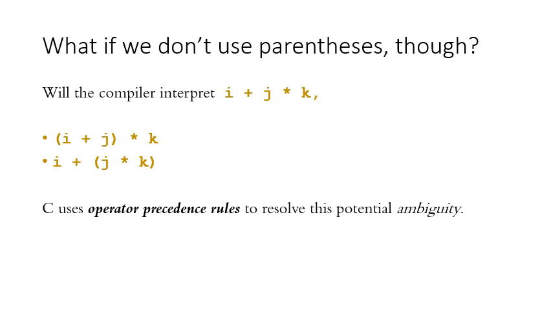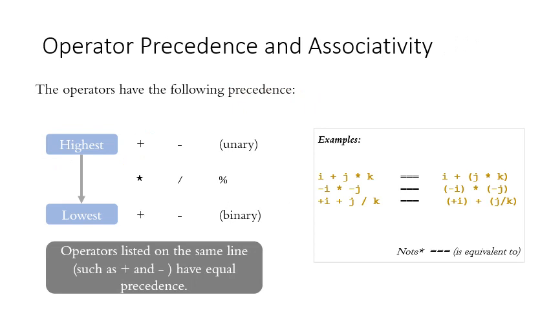Will the compiler interpret i plus j times k as (i plus j) times k, or i plus (j times k)? C uses operator precedence rules to resolve this potential ambiguity. The operators have the following precedence.